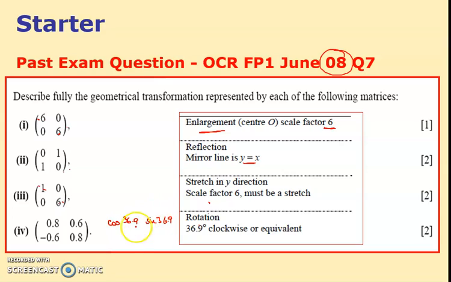So you can see that as well. This is the one we were looking at just now. And this is minus sine of 36.9 and cos of 36.9. So it kind of highlights that what we saw at the beginning is coming up again. This is becoming more and more important. We're meant to know these funny rotations. Who would have thought it's a rotation by 36.9 degrees? And there it is.